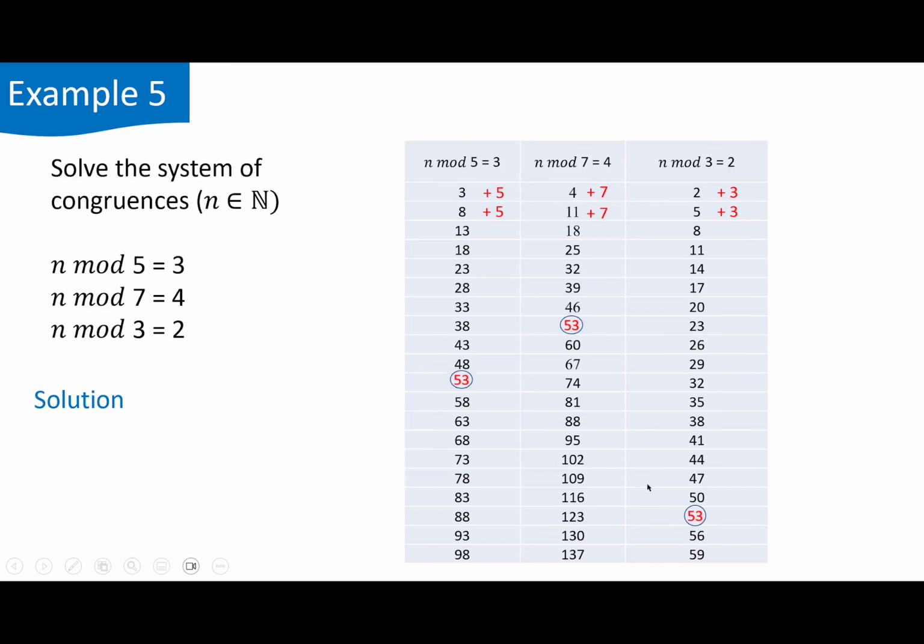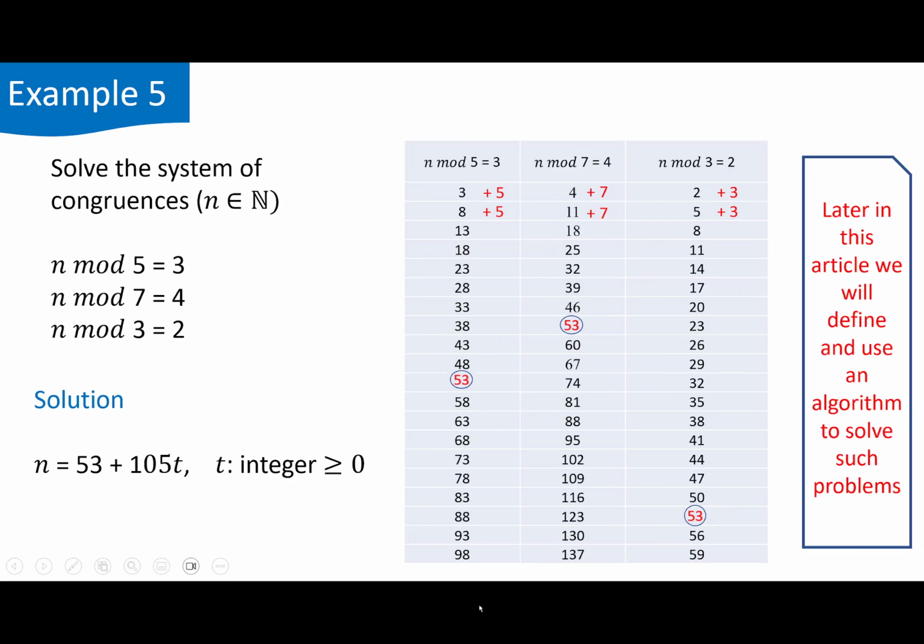Now, how do you get the general solution? It's 53, and if you multiply 5 times 7 times 3, you get 105. So 53 plus 105t is the general solution. So after this one, if you add 105 to it, you get another solution, and so on and so forth. Later in this article, we will define and use an algorithm to solve such problems.